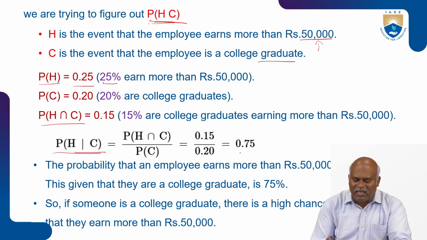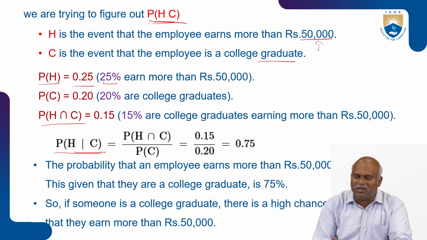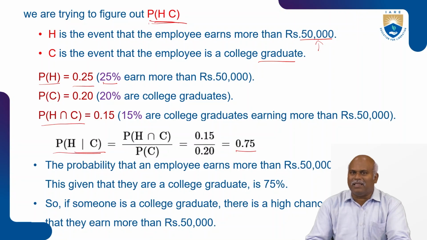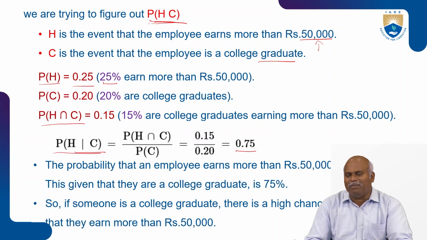So we get 0.15 divided by 0.20, which is 0.75.